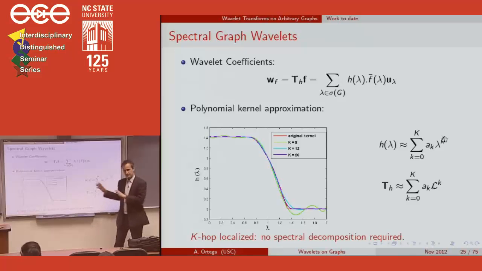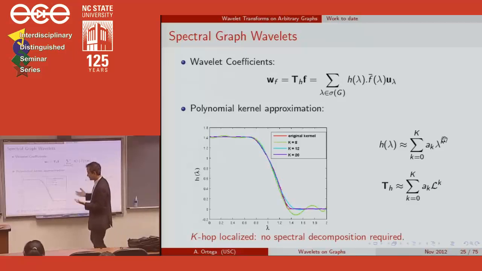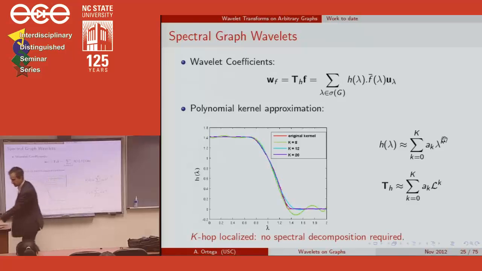So this is work that they proposed, and what I would like you to remember is this: you can implement any filtering operation h of lambda in the Fourier transform domain, or in the graph Fourier transform domain. That's the first thing. And second, if this kernel is polynomial in lambda, then that operation is K-hop localized. Those are the two key ideas.